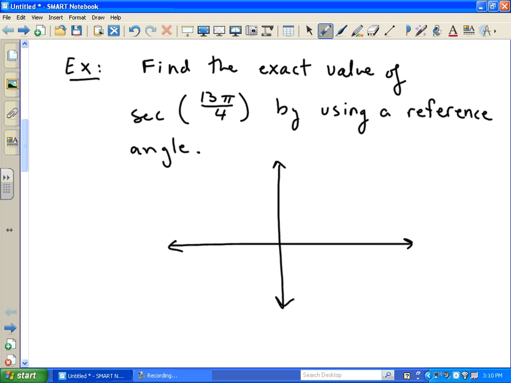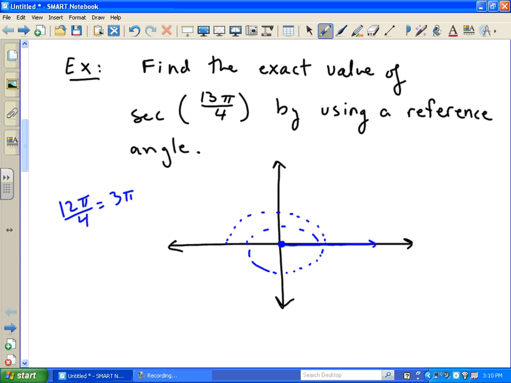So let's think about drawing this. For 13 pi over 4, we know we need to go counterclockwise. 1 pi would be right here. 2 pi would be right there. 3 pi would be right here. 3 pi is the same thing as 12 pi over 4. Now, how far away are we from 3 pi?